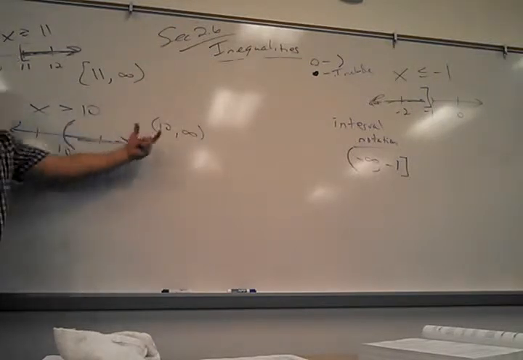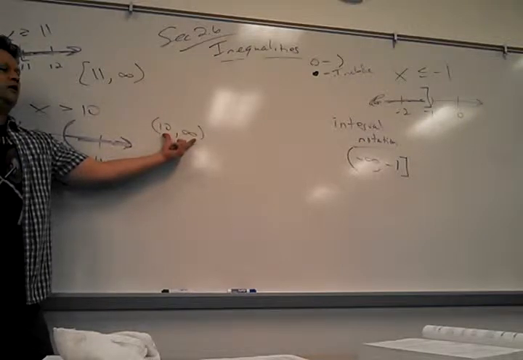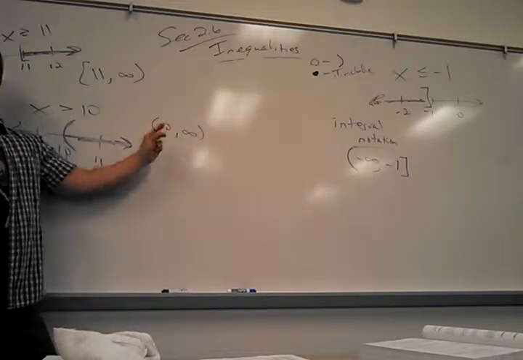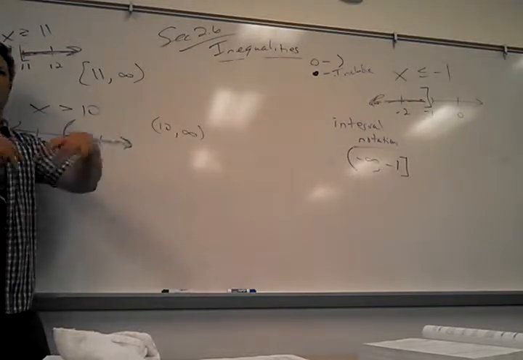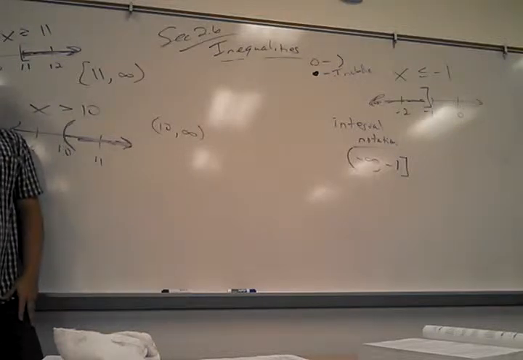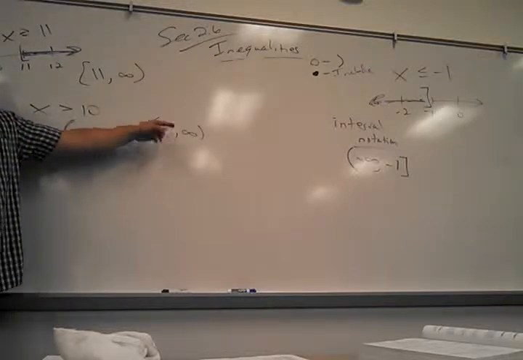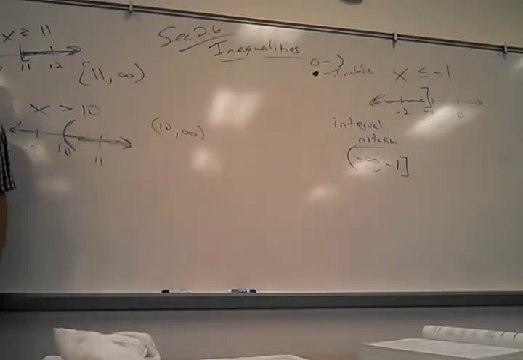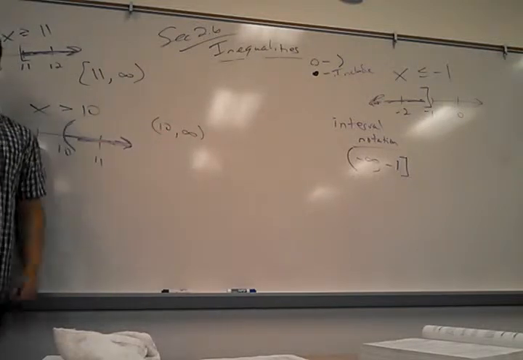So when I see this, I know this means I'm allowed to use any number from 10 up, not including 10. That's the quickest way to tell somebody all the numbers that work, or all the numbers I'm allowed to use, whatever the situation is. It's quicker than making this number line picture. It's very direct and to the point, and that's what we use most often in mathematics, to indicate all the numbers in between this and this.